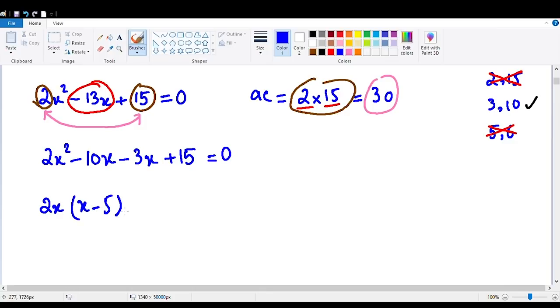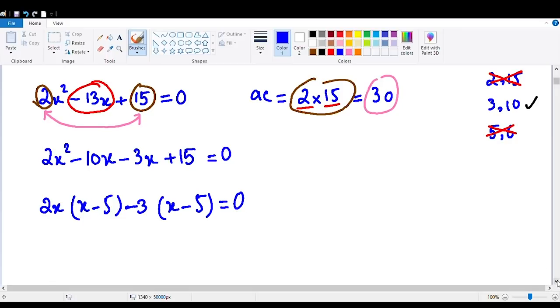And from here you can take minus 3 common, as we want the x to be positive. So when we take minus 3 common, we'll have x minus 5, because we want the 15 to be positive, so that's why we had to take minus 3 common and get minus 5 over here. So the minus and minus, when they multiply, we'll get plus 15, and when minus 3 and x multiply, we'll get minus 3x back. So yeah, equals 0.